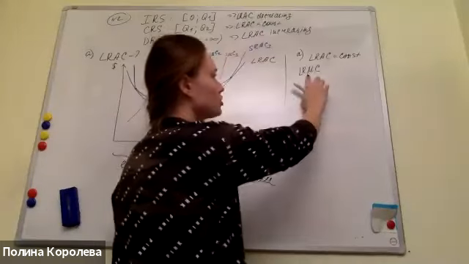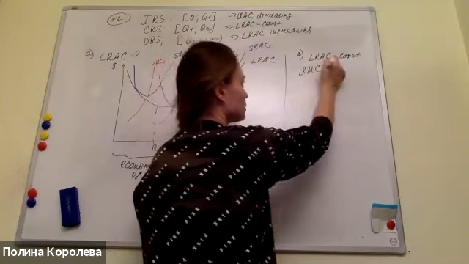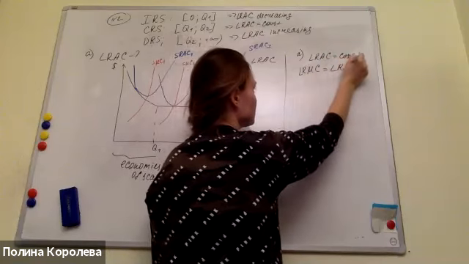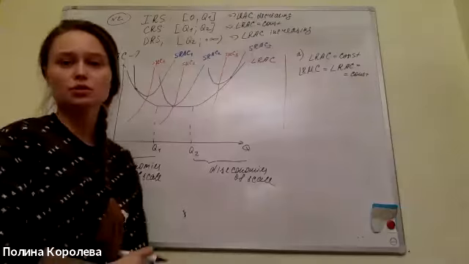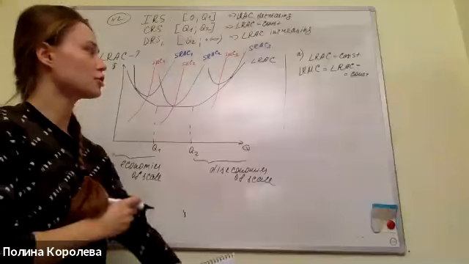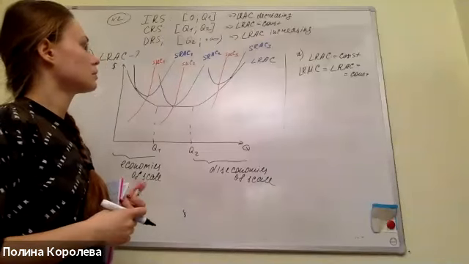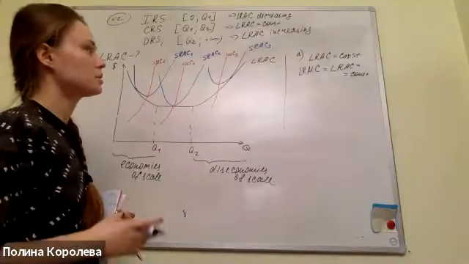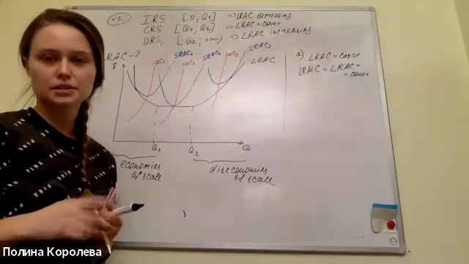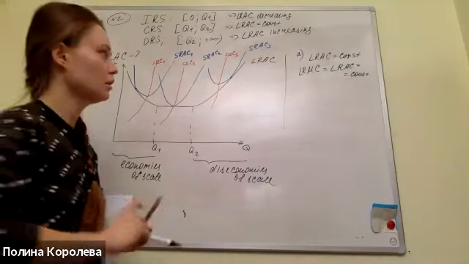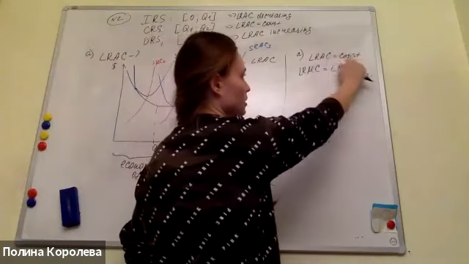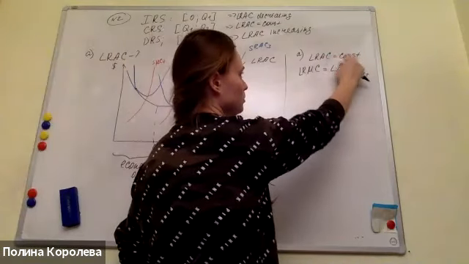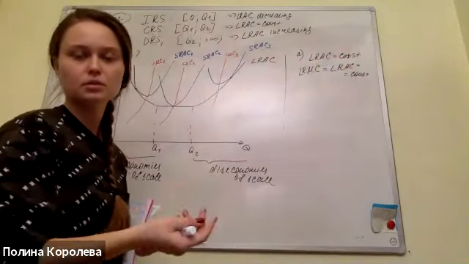So long-run marginal costs are equal to long-run average costs. Yes, they are constant. And that's all. What do marginal costs mean? It's how much the next unit produced, the last unit produced, increases our total costs by the same sum as the previous unit, and that's all.